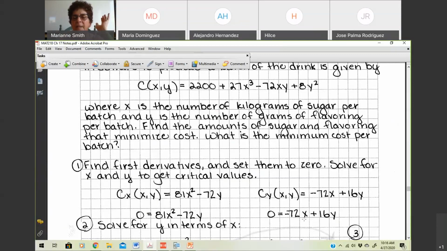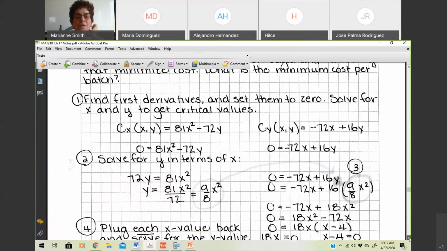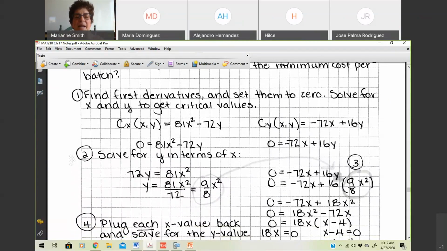I can probably solve for either one of the variables, but I'd take this first equation and solve for y in terms of x, because it's easier to solve for y. If I solve for x, I'm going to take a square root, and I'd rather not do that because it gives me two values. So let's solve for y in terms of x. I'm going to add 72y to both sides first. Now it's on the other side of the equation and it's positive.